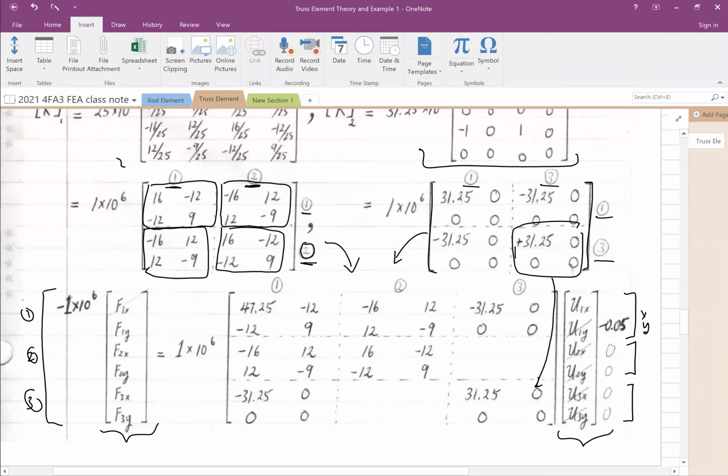The only difference is I'm adding this section to this section and creating a new entry right here. 16 plus 31.25, we got 47.25.